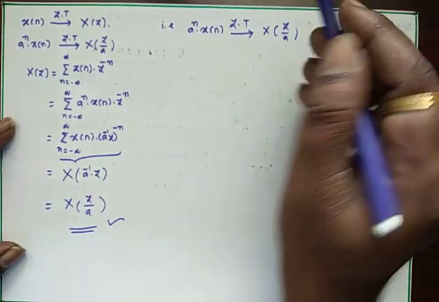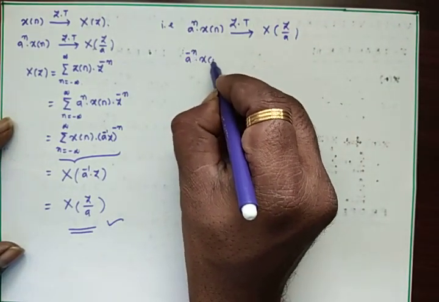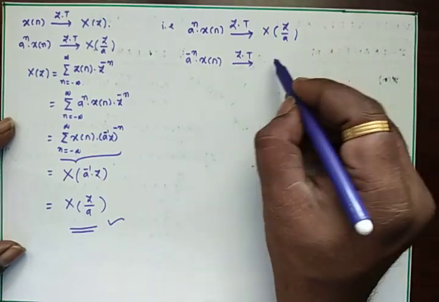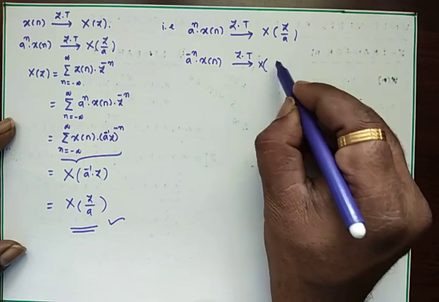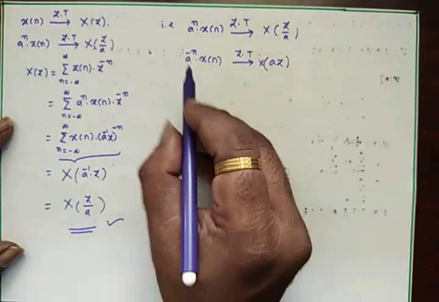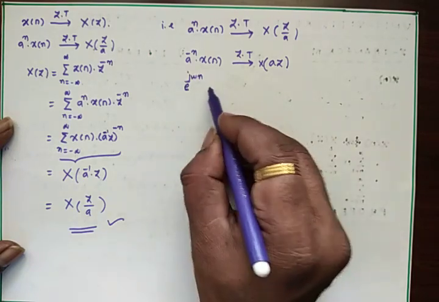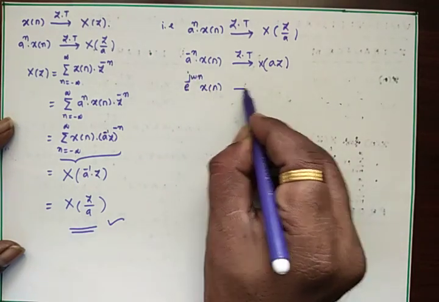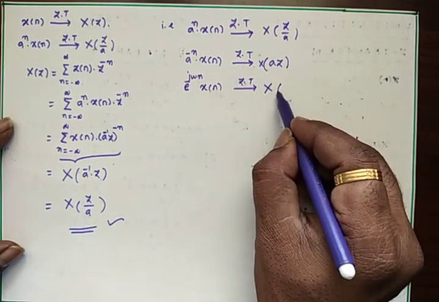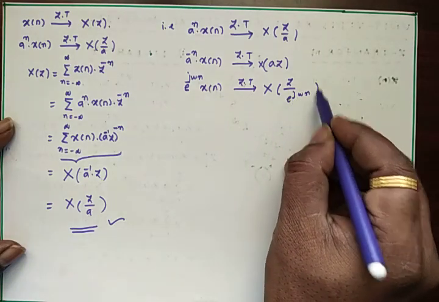Similar to this, if I have a to the power of minus n into x of n, and I apply the z transform, I will get x of az. If I have e to the power of j omega n x of n, and apply the z transform, I get x of z by e to the power of j omega n.